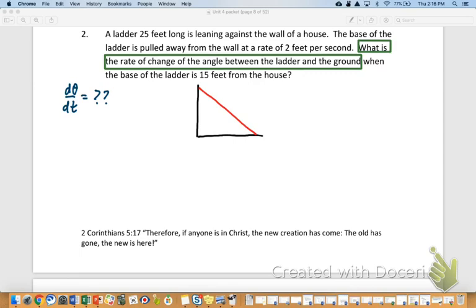Yeah, length of ladder is 25. So that is not changing, but almost everything else is. The wall probably still has a 90-degree angle with the ground, but almost everything else is changing. Did it make sense how I labeled it before? I think I had an X here and a Y there. Y'all okay with that? Okay. Where would my theta go? What part of the triangle?